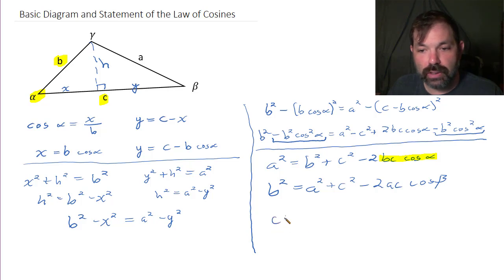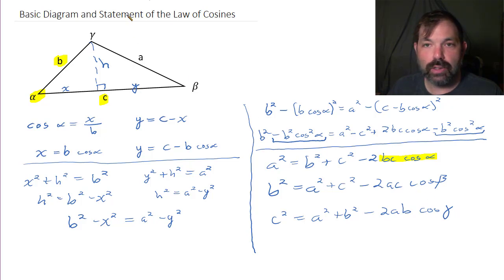And if I wanted c squared, that would be a squared plus b squared minus 2ab cosine gamma. These are collectively known as the law of cosines. So this is something we want to know. This is the law of cosines.